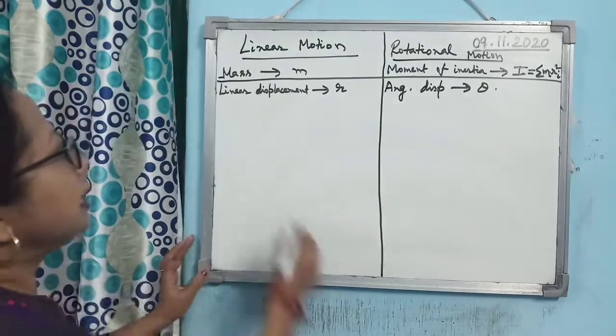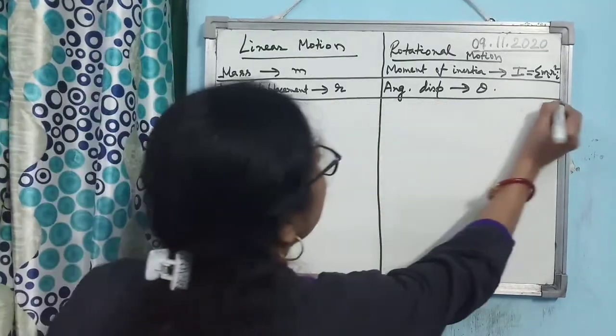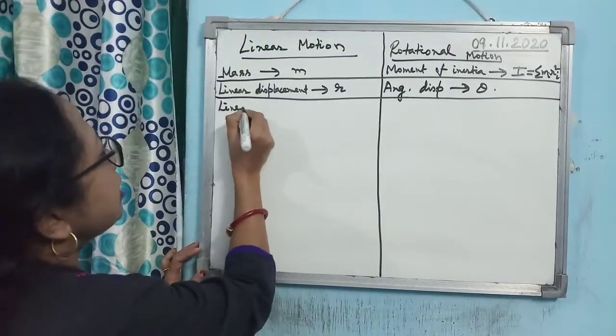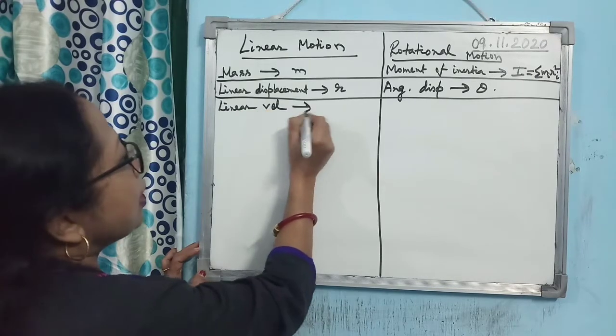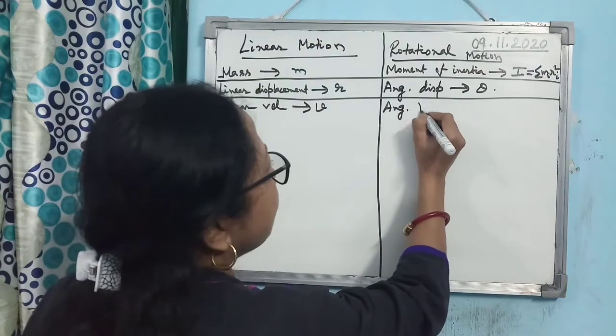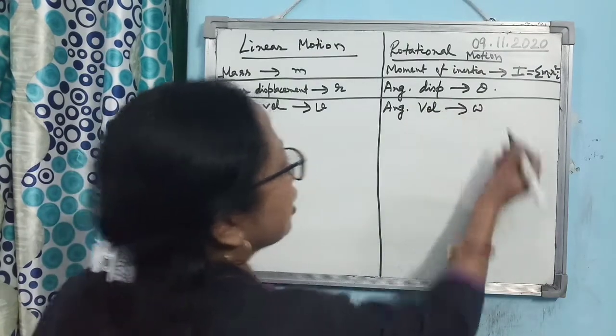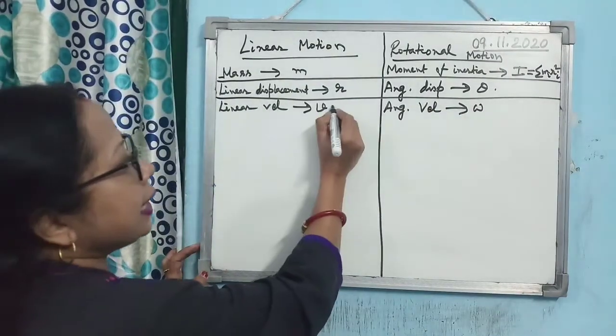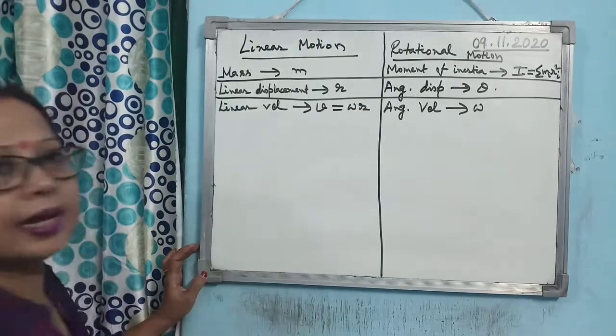Be careful. Then next one is, if you consider linear velocity v, the equivalent term in case of rotational is angular velocity omega. And what is the relation? v is equal to omega into r.